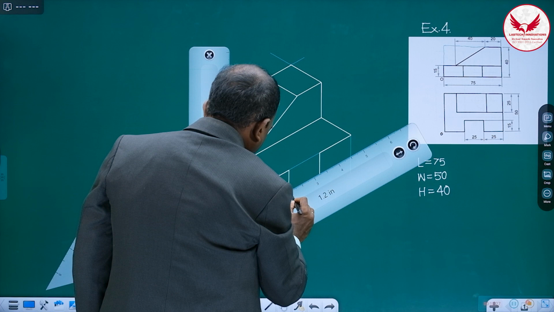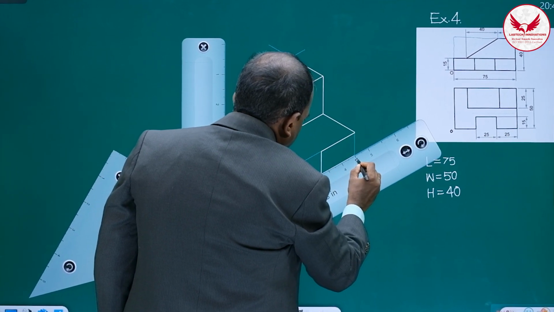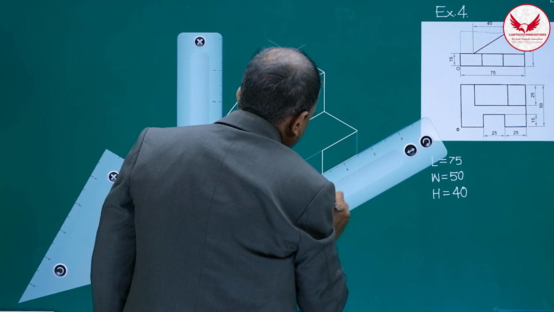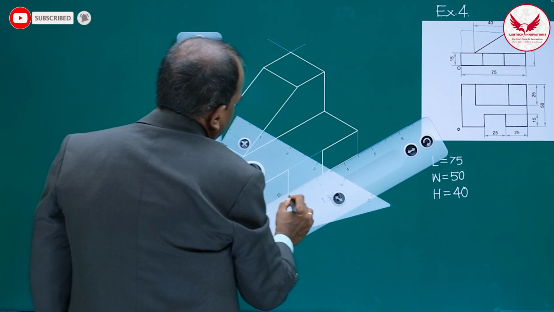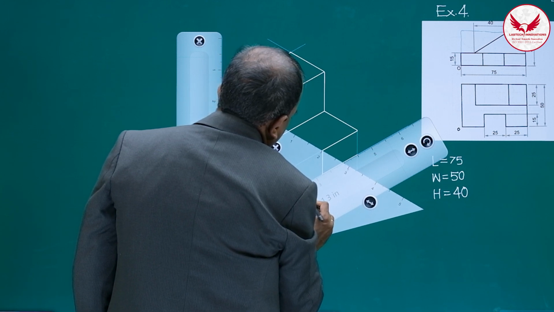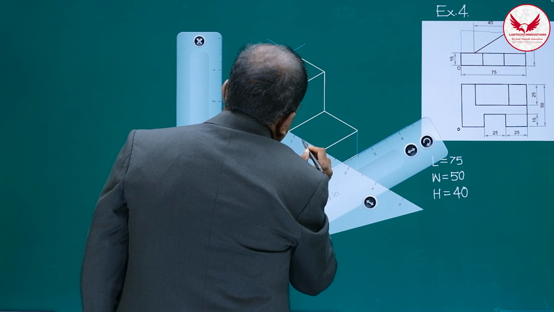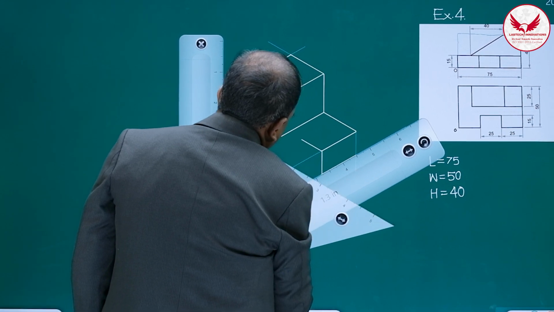It's 25. Then from this again it is 25. And inside it, it is 15. This is 15.